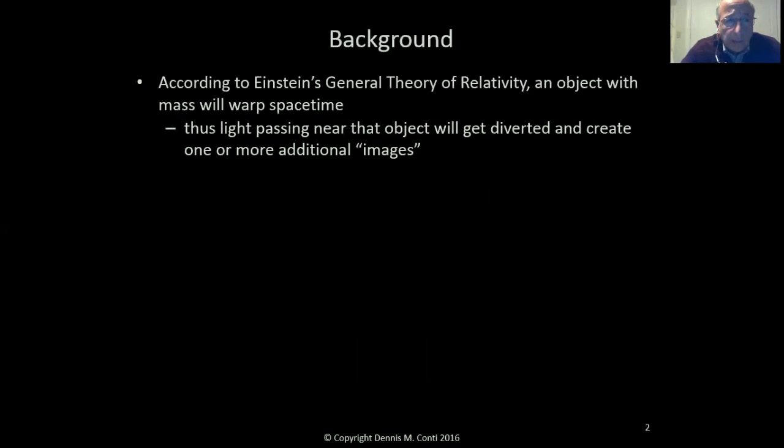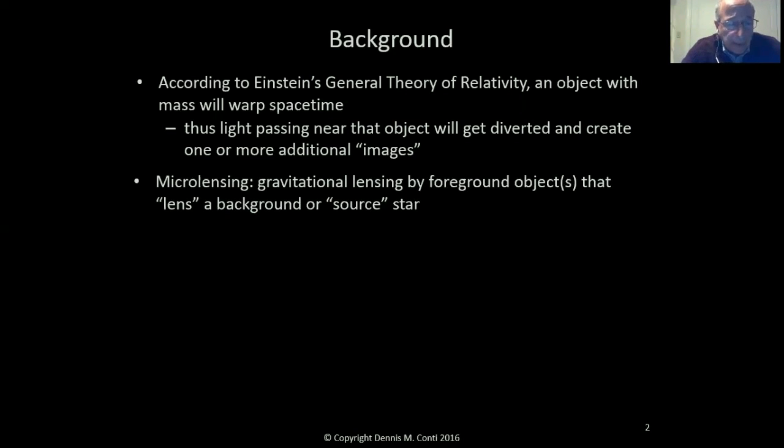By way of background, Einstein, in his general theory of relativity, predicted that an object that has mass can warp space-time around it. The implication is that light passing near that mass will get diverted and will create one or more additional images. So in effect, any mass can act as a lens, where light coming near that mass can get warped around it.